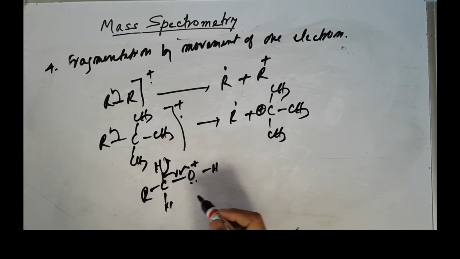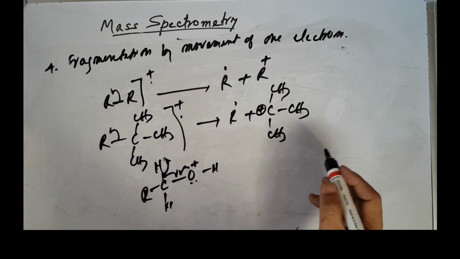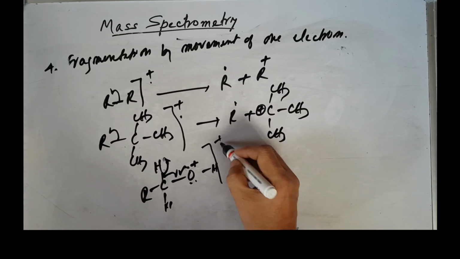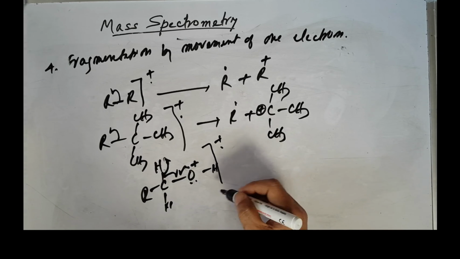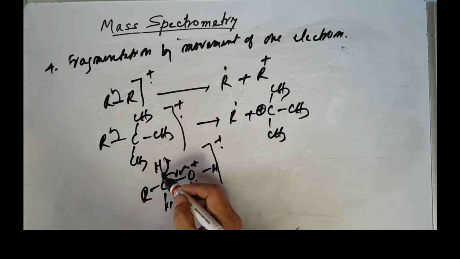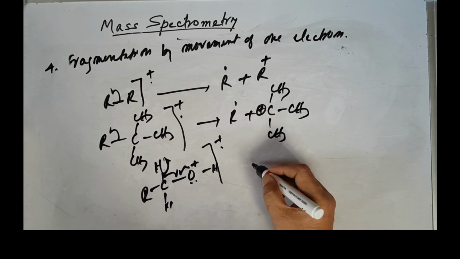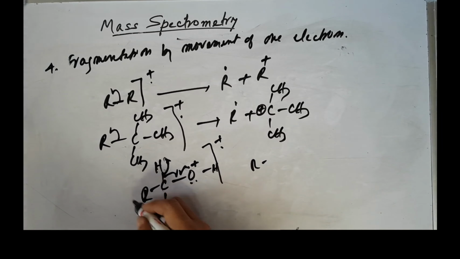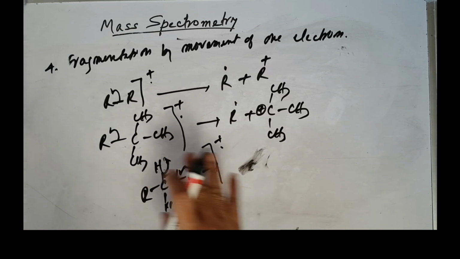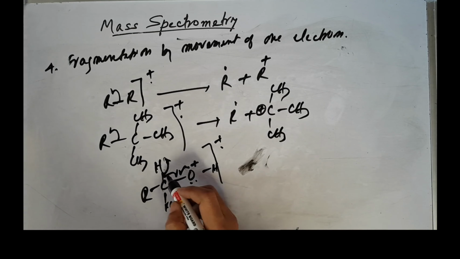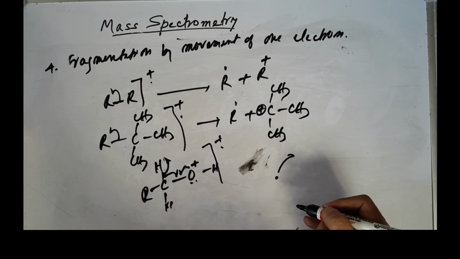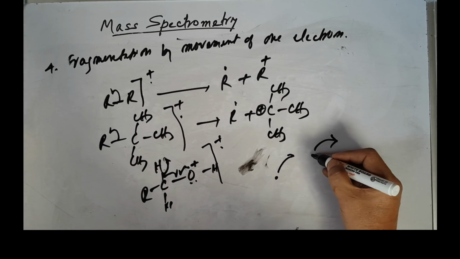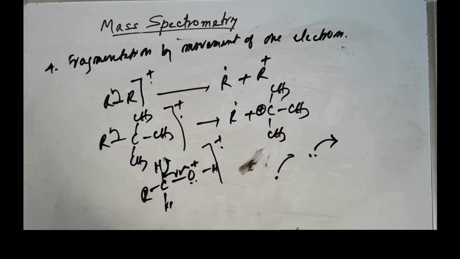So here one electron movement takes place. Fragmentation of the molecular ion can take place by movement of one electron. The hydrogen has gone, so you get like this, or the R can also go like this. One electron movement is represented by a single fishhook arrow, and a full arrow represents movement of two electrons. I will keep repeating this.